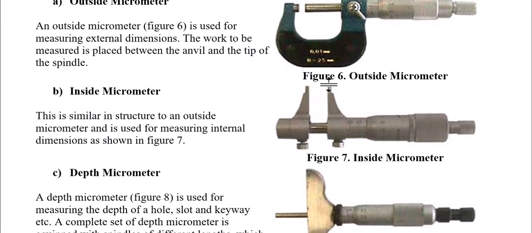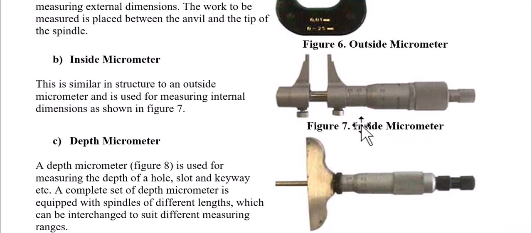So for instance here, you put your part here and you insert these two jaws inside the diameter of that particular workpiece you are going to measure. Then you rotate the thimble so that these jaws expand and tighten up inside the workpiece you are measuring. Then you read your dimensions.